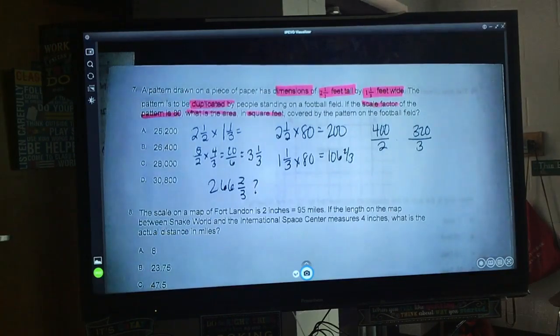Alright, so stand up when you have your answer. You're multiplying. So you're either multiplying the one or the other.